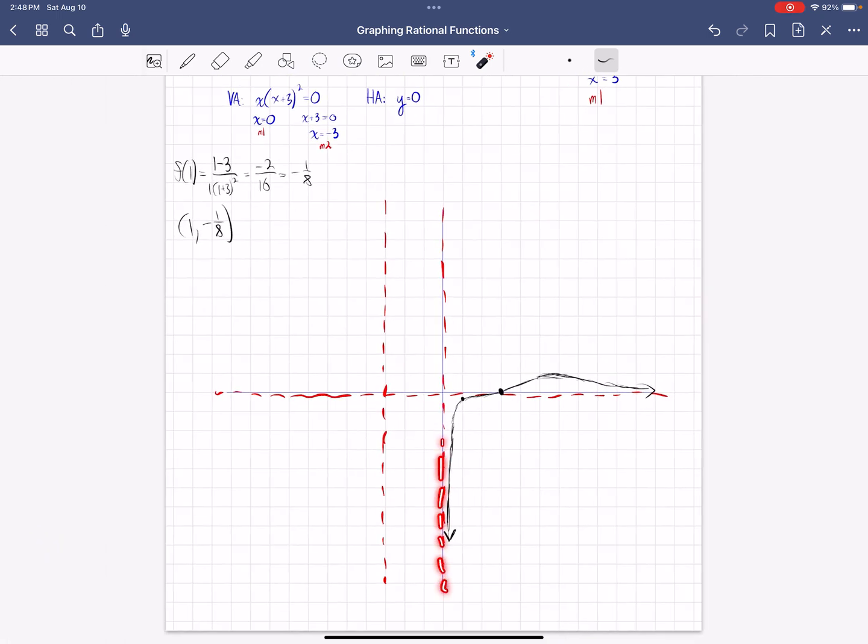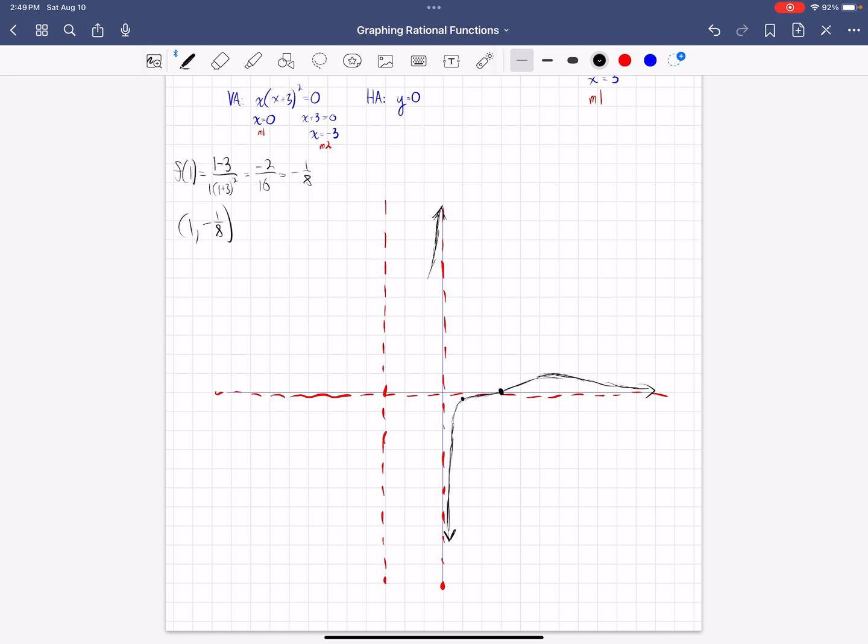So looking at this vertical asymptote, to its right, the graph plummeted downwards. But because it had an odd multiplicity, I know the graph must have opposite behavior on either side. So if on the right of the asymptote it goes down, on the left of the asymptote it'll have to go up. So that's how I know what to do on the other side.